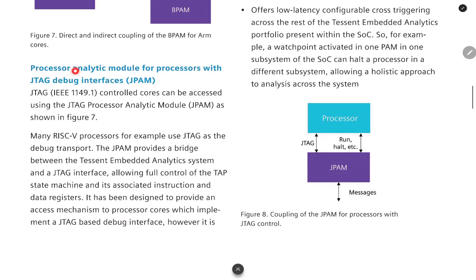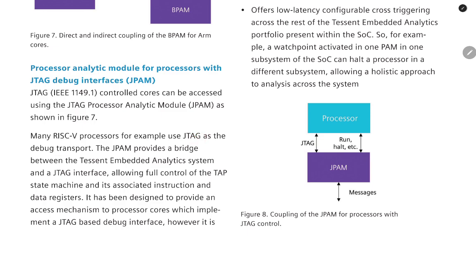Now the processor analytic module for processors with the JTAG debug interface, the JPAM. JTAG IEEE 1149.1 controlled cores can be accessed using the JTAG processor analytic module, JPAM, as shown in Figure 7. Many RISC processors, for example, use JTAG as a debug transport.